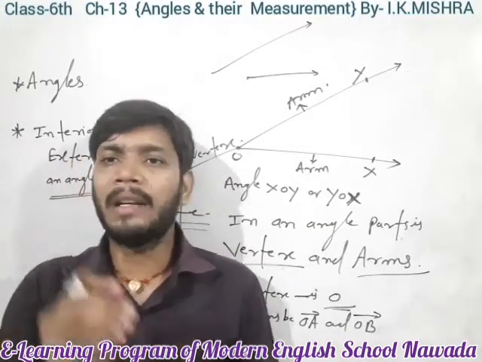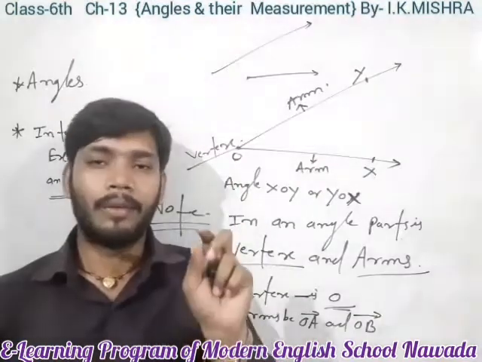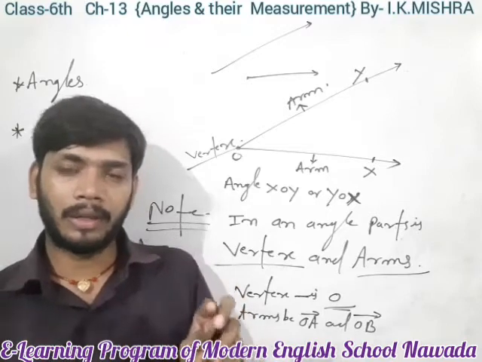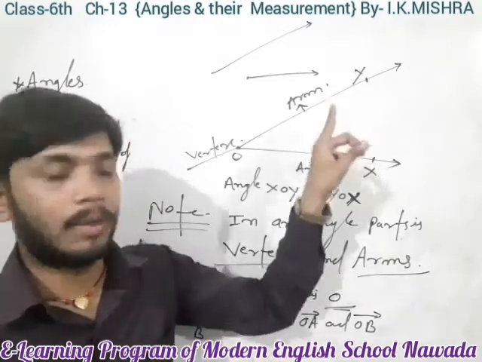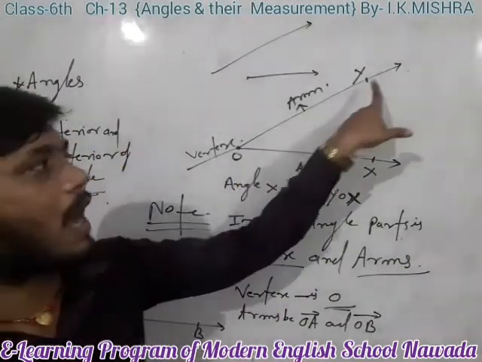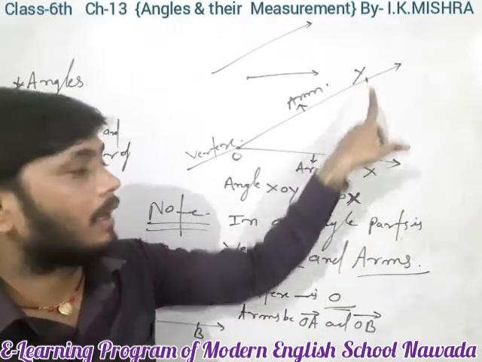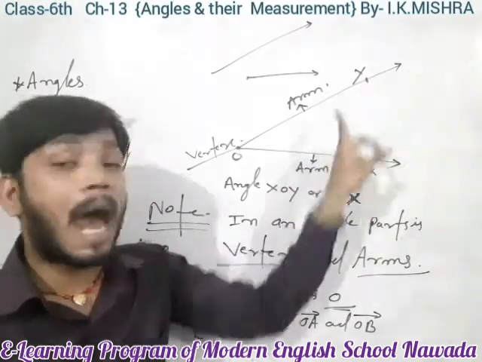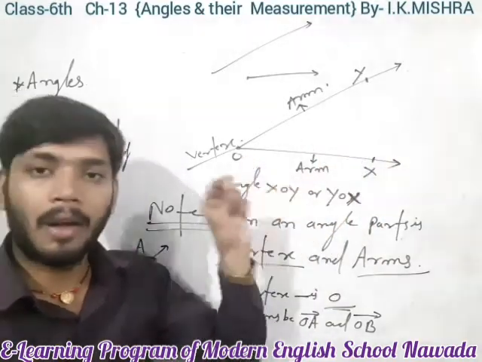When you have to write the name of the angle, use the vertex in the middle and put the points on the arms at the beginning and the end. Here point X and point Y are on the arms of the angle, and O is at the vertex.